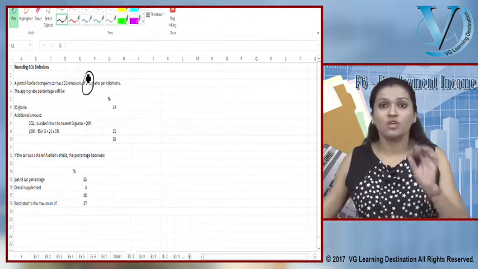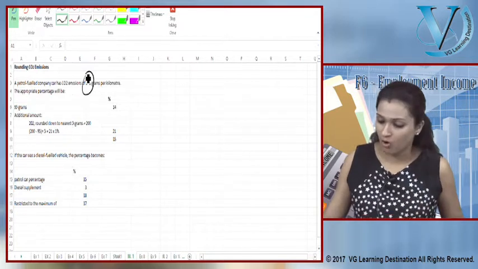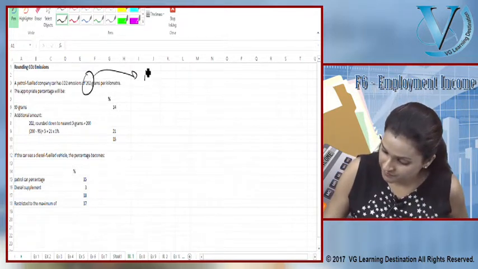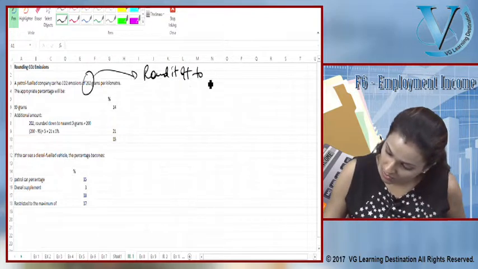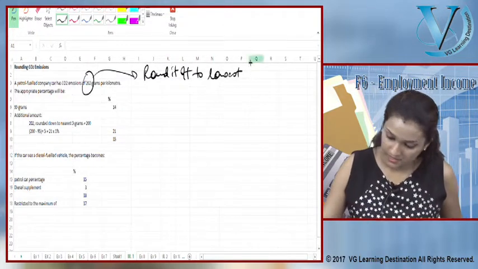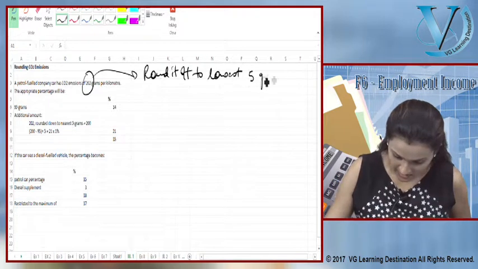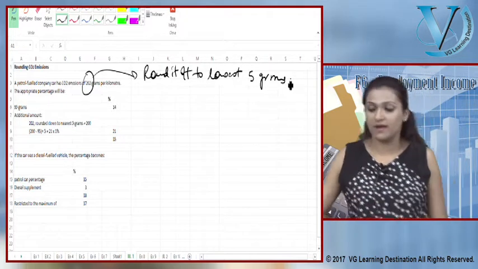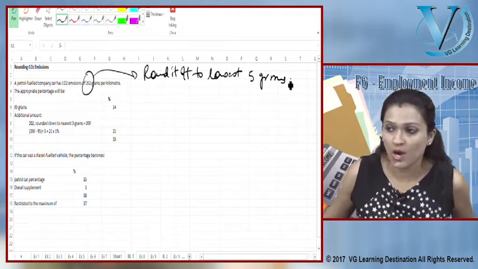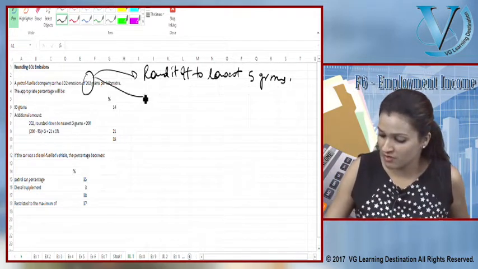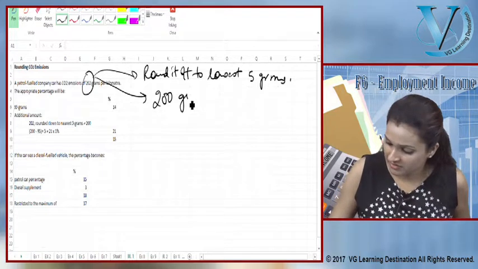Now remember, you're always going to round it off to the lowest 5 grams, which means 202 grams gets rounded off to 200 grams.